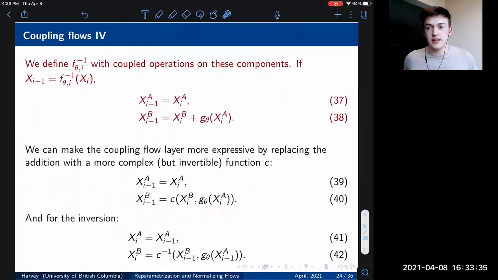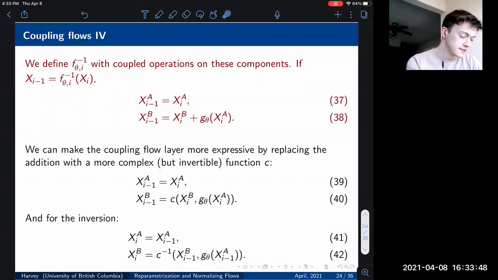And this is another extension to coupling flows that is, I think, generally what people use when they use coupling flows in modern papers. Instead of just adding g theta to xib, we're going to apply some invertible function.